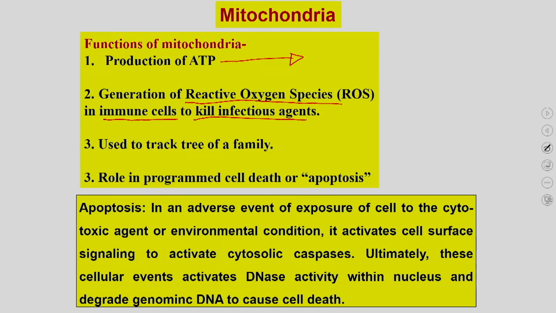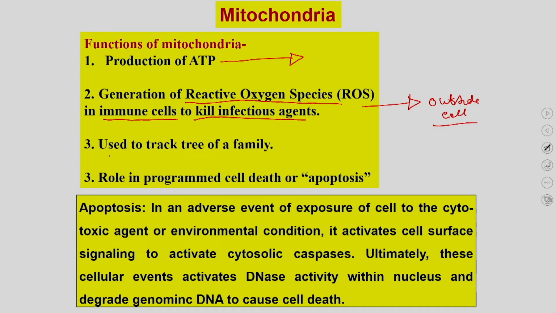When somebody gets an infection, it generates signal transductions within the immune cells that ask the mitochondria to increase its free radical generation capacity. These free radicals are released outside the cell, and they are very toxic, so they kill all the microorganisms.